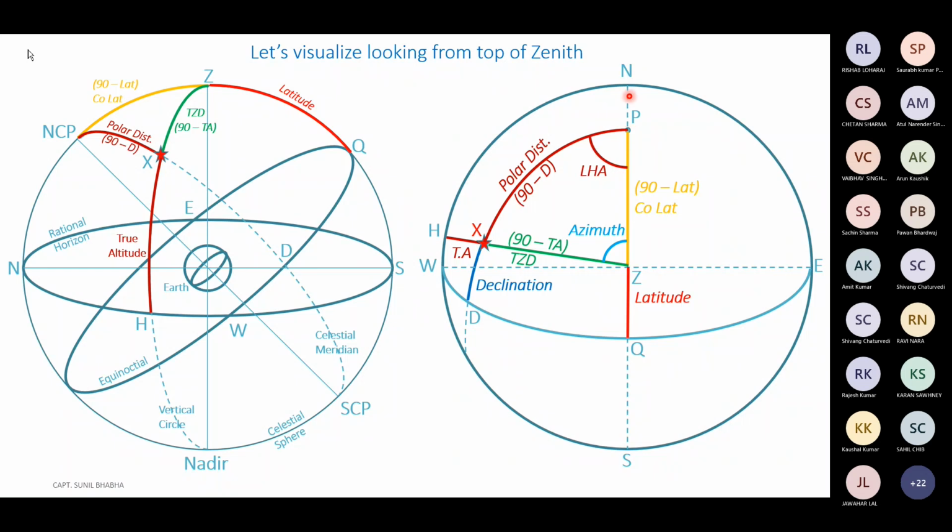The side PZ, or NPZ, represents true north, and the side ZX represents the direction in which the celestial body is. So you see, this particular angle tells us the direction of the body with respect to true north. And if you look a little more carefully, you will understand that this is the quadrantal azimuth of the body, or the azimuth of the body in quadrantal notation.